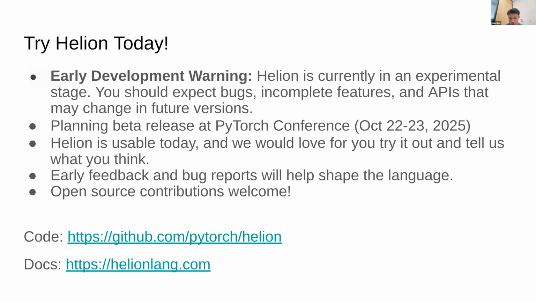I think there's one more question from Mitt, which is, is there a way to pass in an FX graph externally and then leverage Helion's autotuner to get tuned code? Not currently. But if you have an FX graph, this would probably work if you pass it as a function.